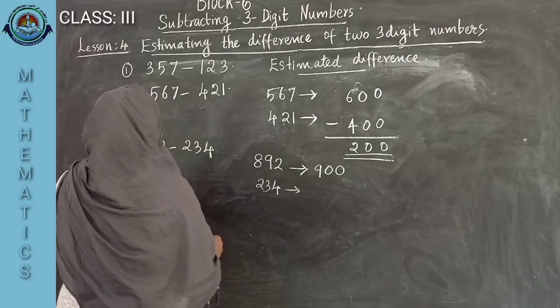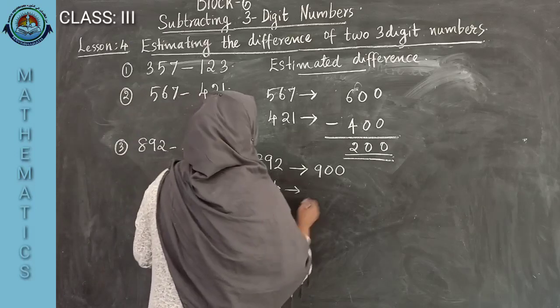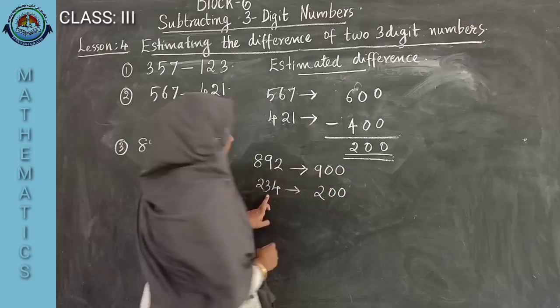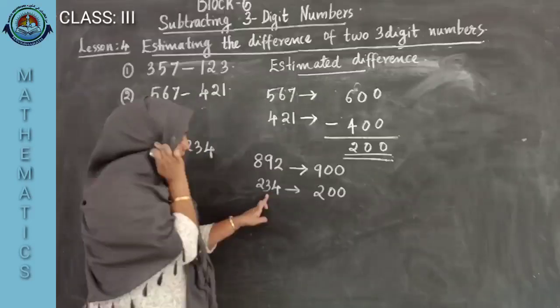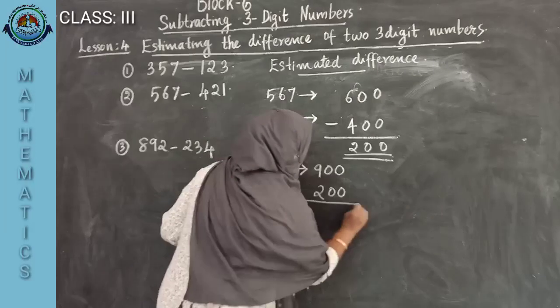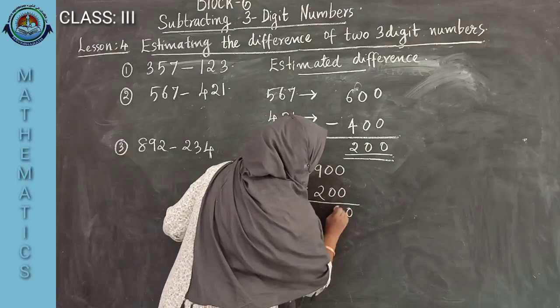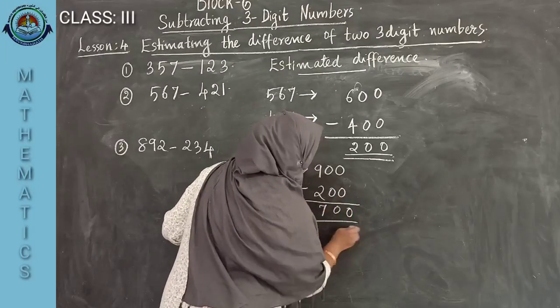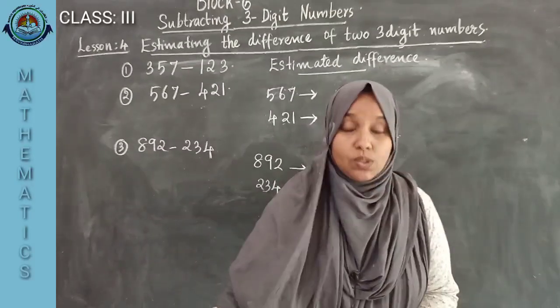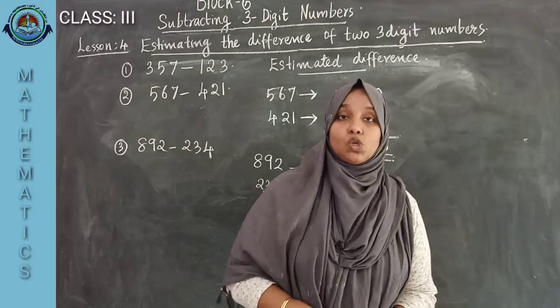So 0, 0, and check the digit at the tens place. This is 2, so we get 200. Then on subtraction we get 700. Understood? So children, we can do one story problem.